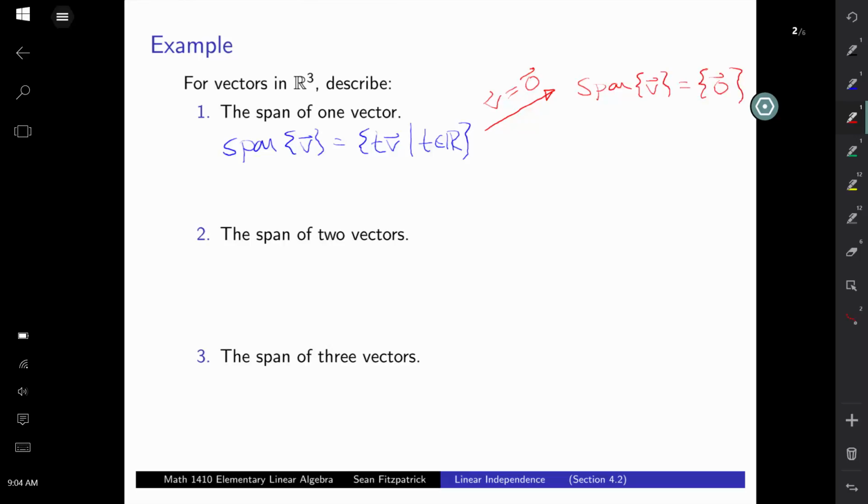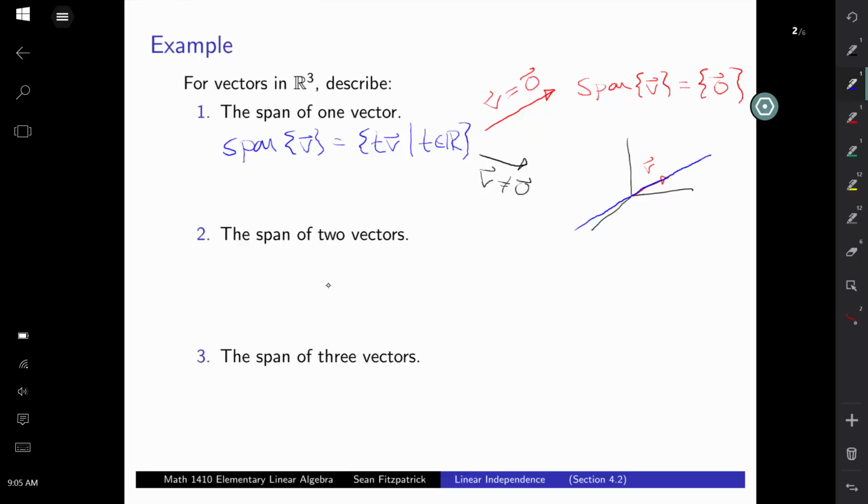On the other hand, if V is not equal to the zero vector, then we've got our vector V, and all scalar multiples of that vector produce a line through the origin. So if V is non-zero, then I get a line through the origin, and that's what the span of one vector looks like.